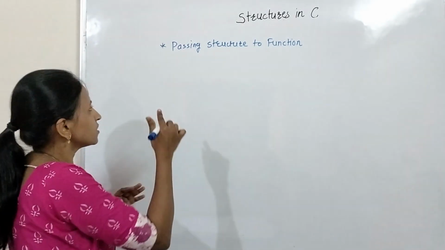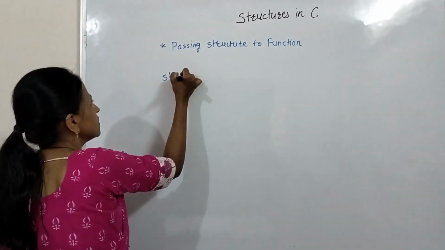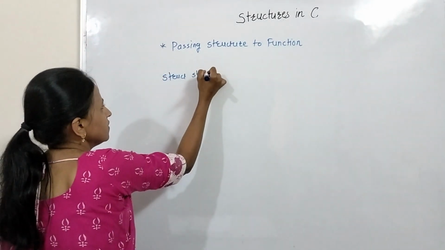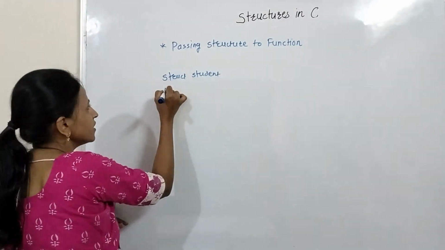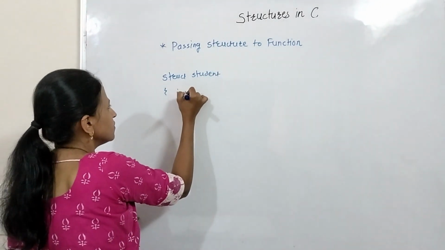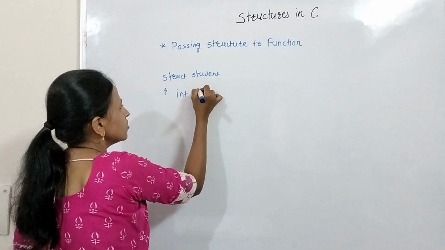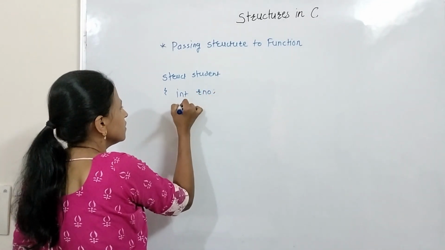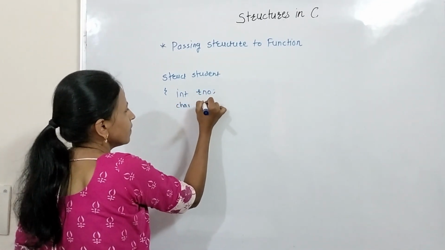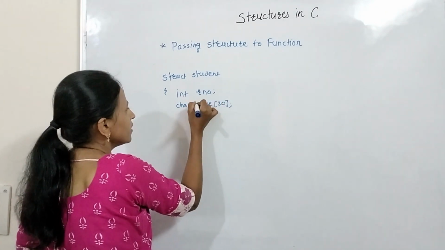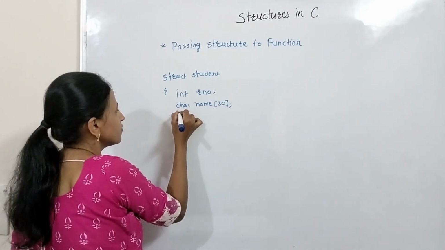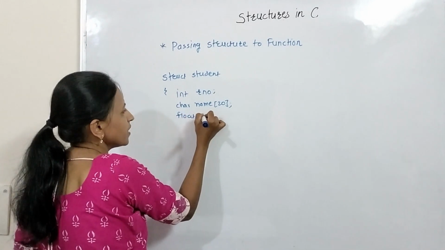First we have to create the structure. Let struct student be there. Same structure I am repeating, and it has internally three members: integer roll number, then char name of 20, and next one marks, float marks.